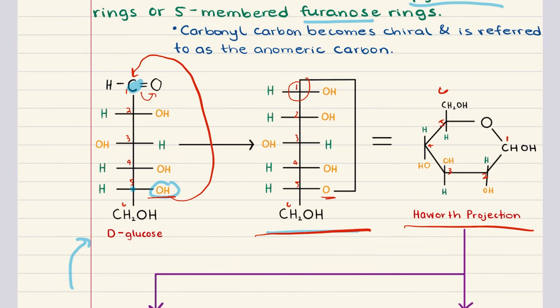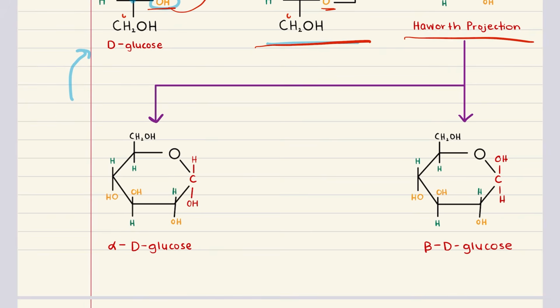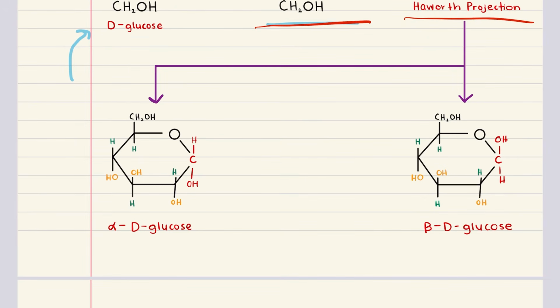Now, the carbon that was originally part of the carbonyl group, that's going to be carbon 1 in the Haworth projection. This creates a new chiral center, and we actually give it a special name. It's called the anomeric carbon. With that being said, we have to consider the position of the newly formed hydroxyl group at that anomeric carbon. It actually gives rise to two different cyclic forms of D-glucose, the alpha anomer and the beta anomer.